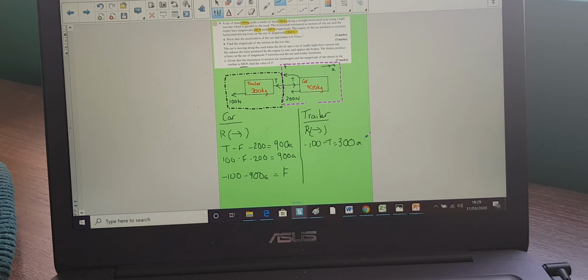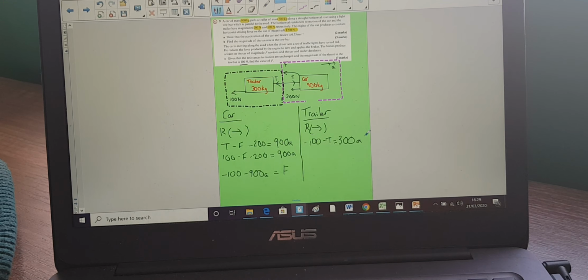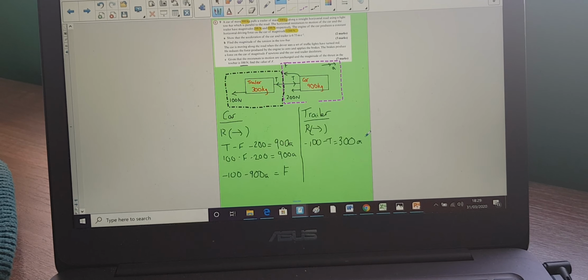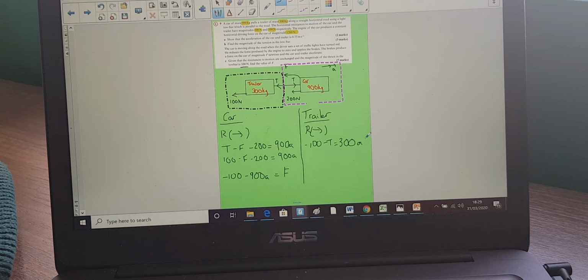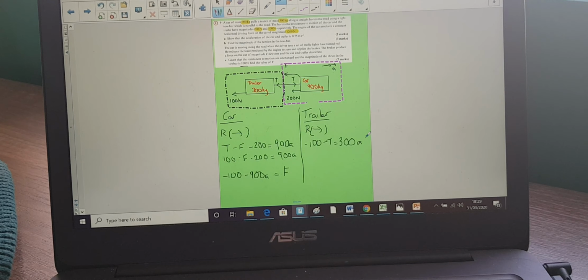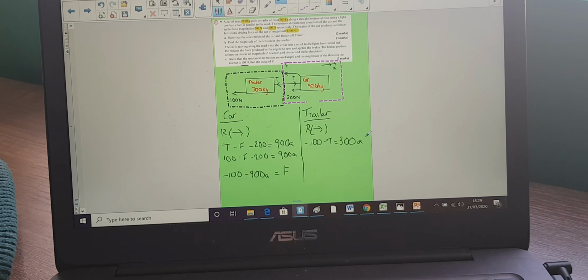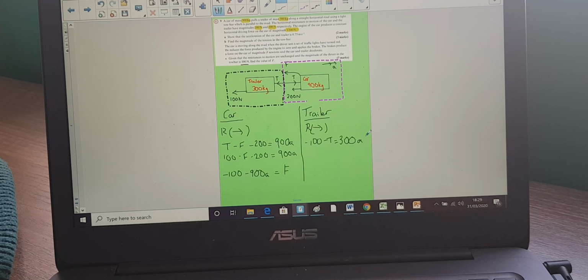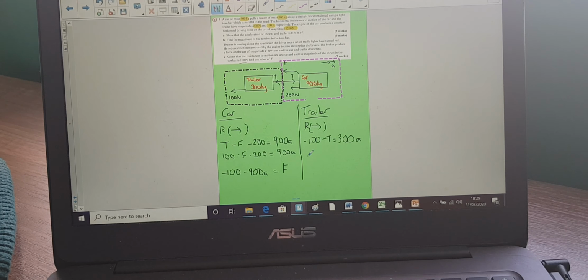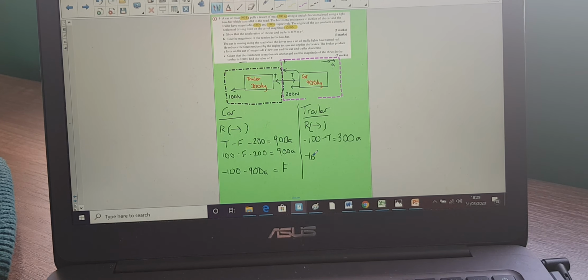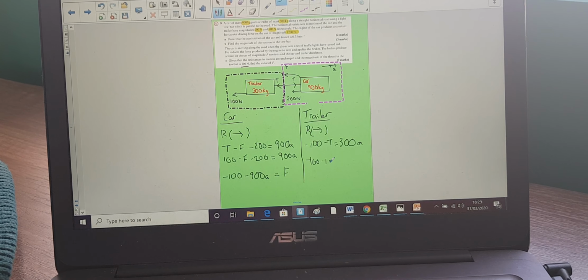Remember, I don't know what the acceleration is because I can't use 0.75 because it's changed, because the whole system's changed, because now the car's decelerating as it comes up to the lights. But what I will plan to do now, hold on, this is actually quite nice if I think about it, because I've got minus 100 minus T equals 300A.